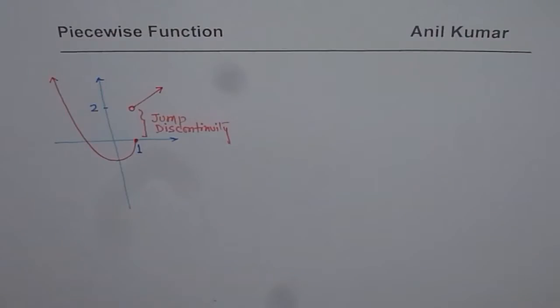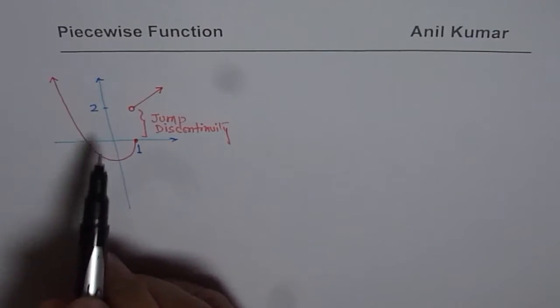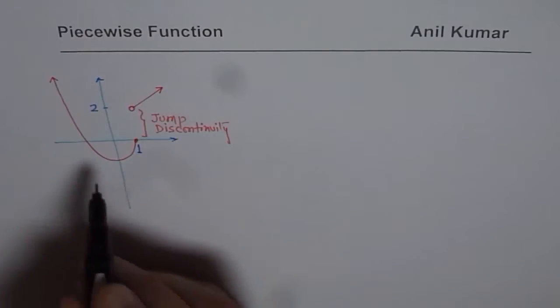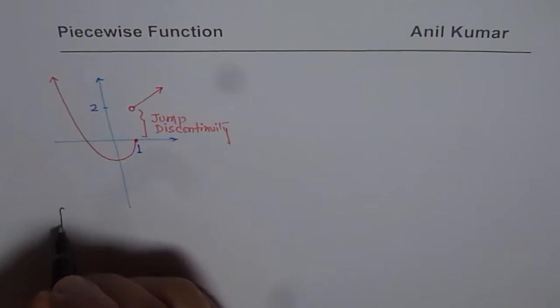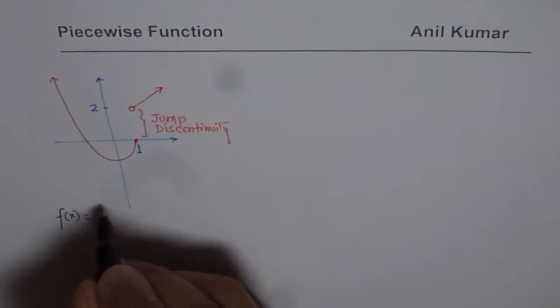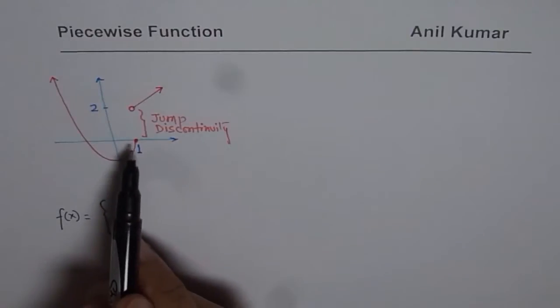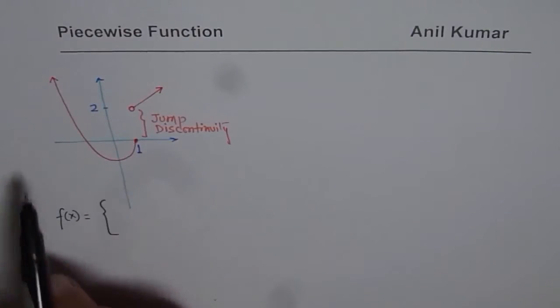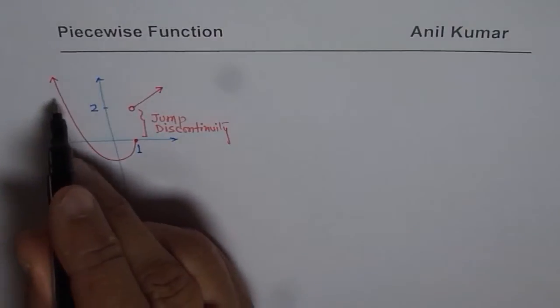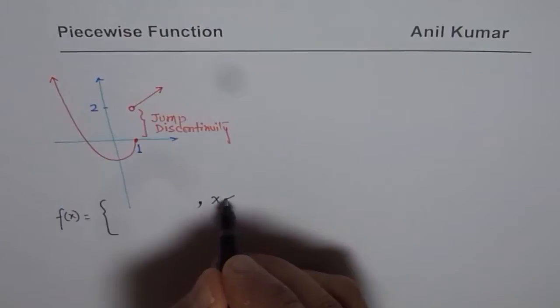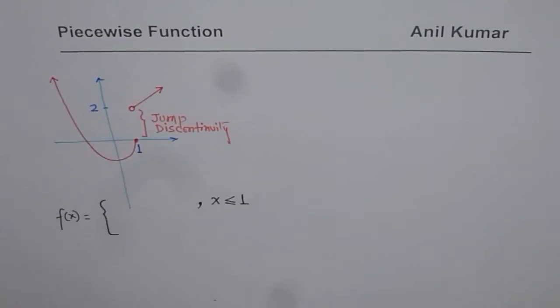Now, as you know, this is a function. We can always have a rule which will assign every element in the domain to exactly one element in the range. So the way to write the rule is, we say f of x is equal to, and since there are two pieces, we make two pieces, right? One piece is on the left side of 1, when x is less than or equal to 1, then it's a parabola.